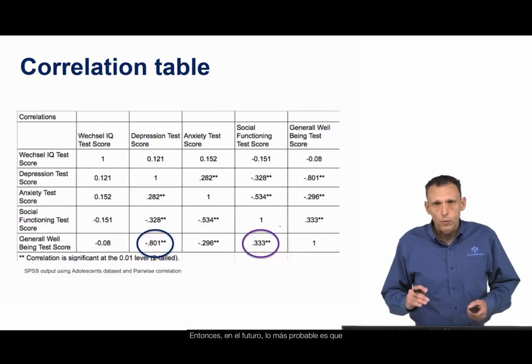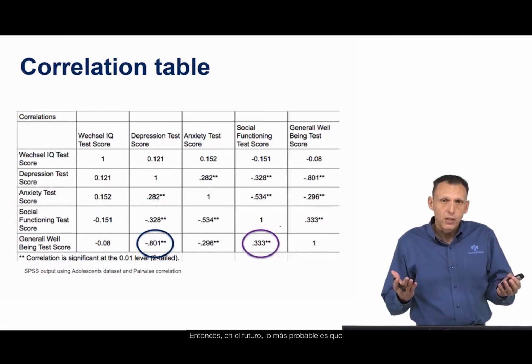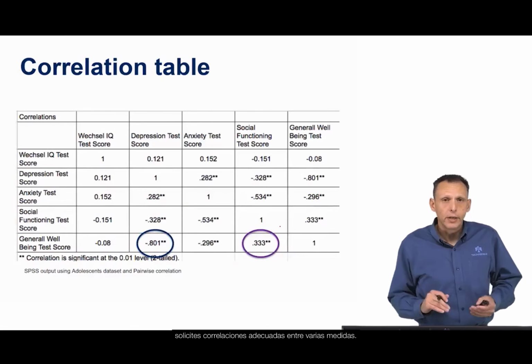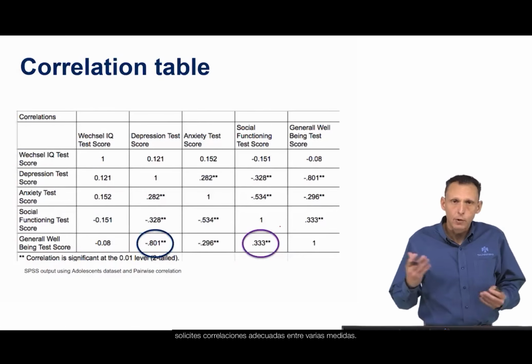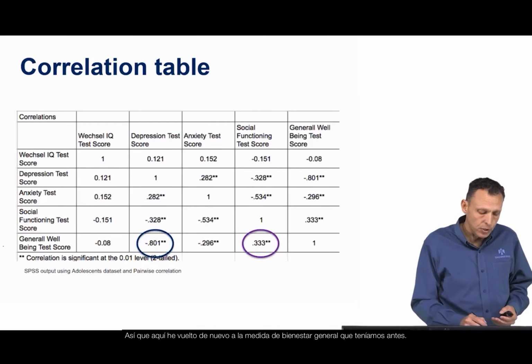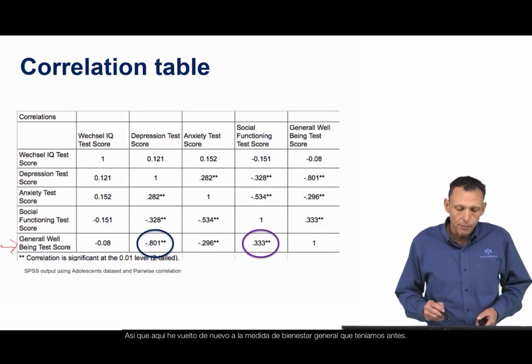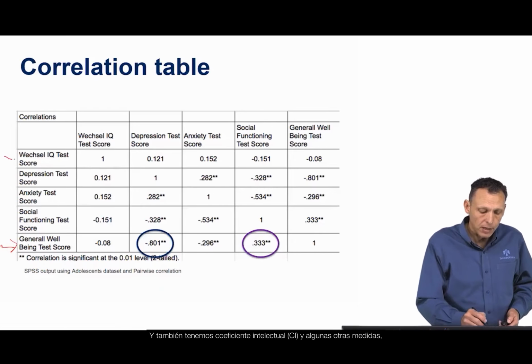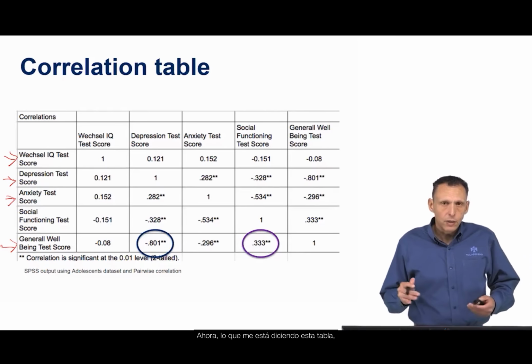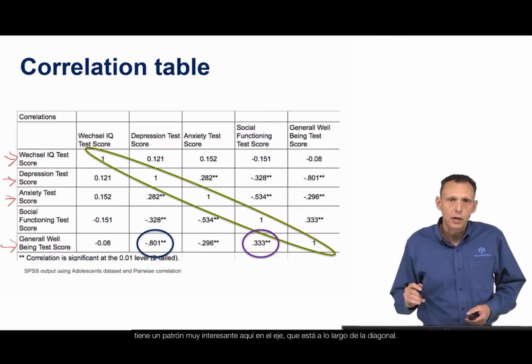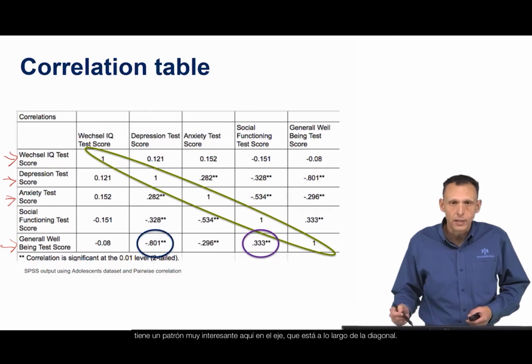So going forward, what's most likely, though, is you're going to ask for, appropriately, correlations between a number of measures. So here I've returned again to the general well-being measure that we had before. And we also have IQ and some other measures, depression, anxiety here. Now, what this table is telling me, it has a very interesting pattern along the diagonal.